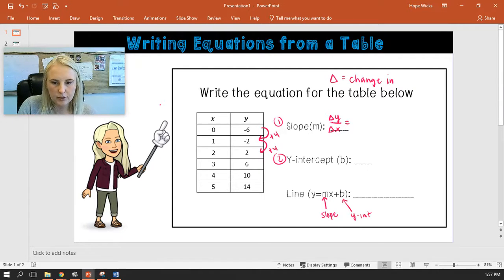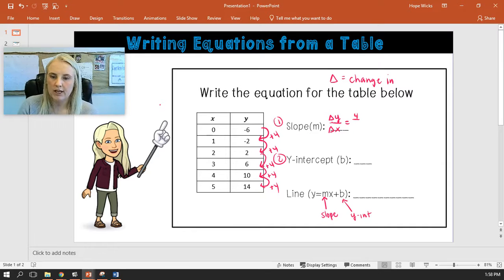That's +4. And from 2 to 6, same thing, and everywhere. 10 to 14 is also +4. So right now we know that the change in y in all of these is 4.